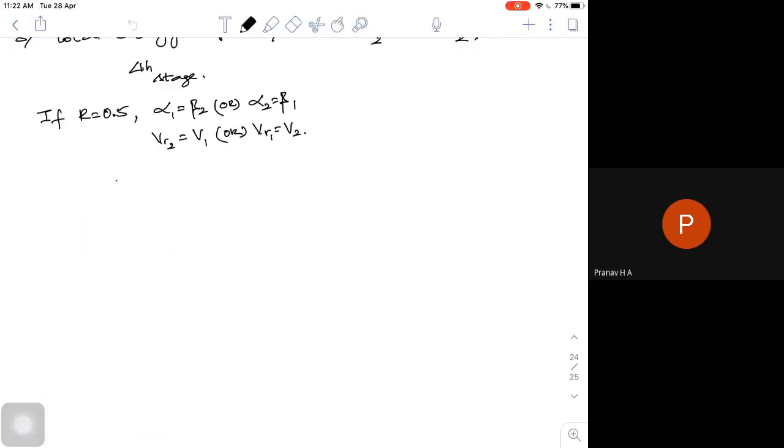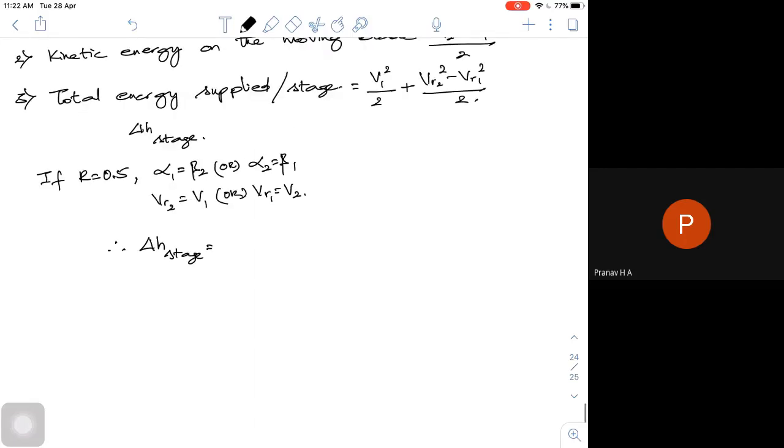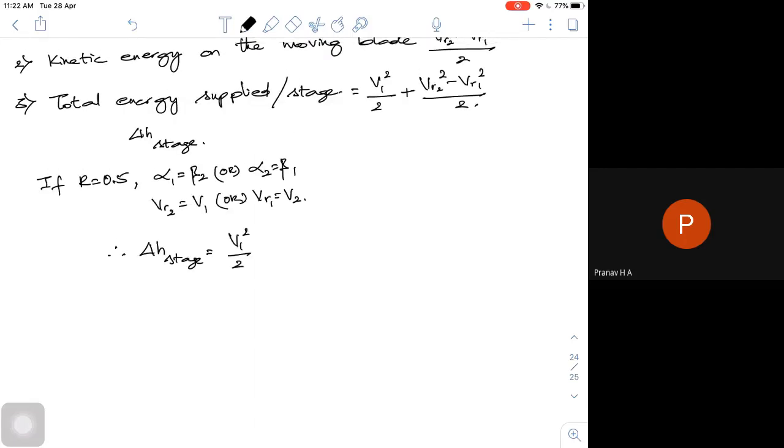Therefore, delta H per stage is equal to V1 square by 2 as it is. So what will happen to your corresponding VR2 square or VR1 square? I can replace it, either I can write it in terms of V1.